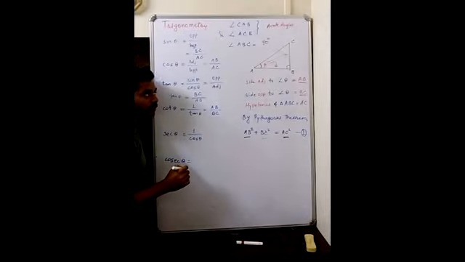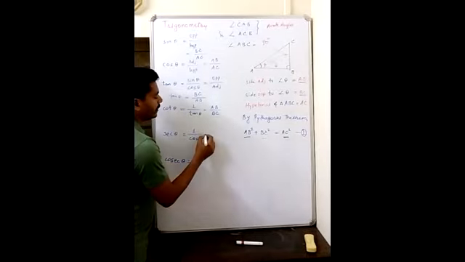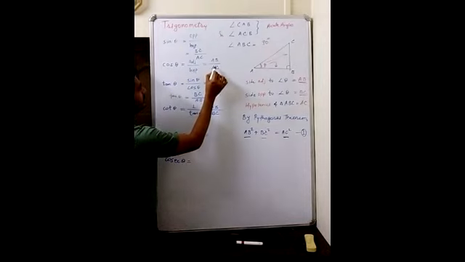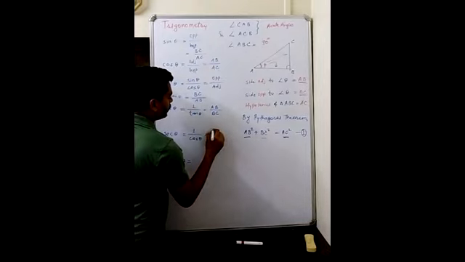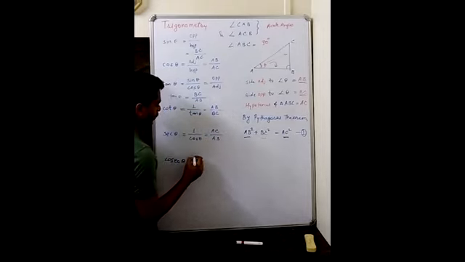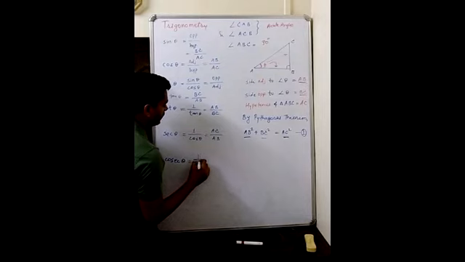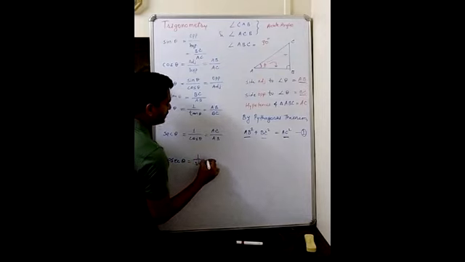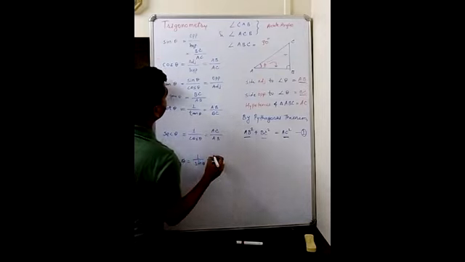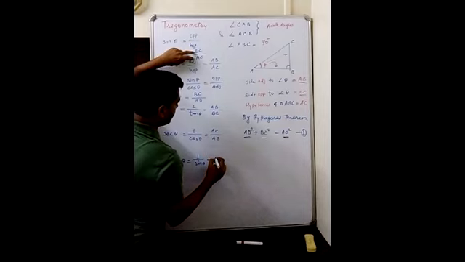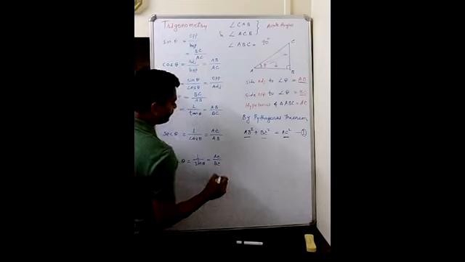So it is 1 divided by cos of theta. The cos is AB by AC, so the sec ratio will become AC by AB. And cosec is the reciprocal of sine of theta. The sine of theta is BC by AC, so it will become AC by BC.